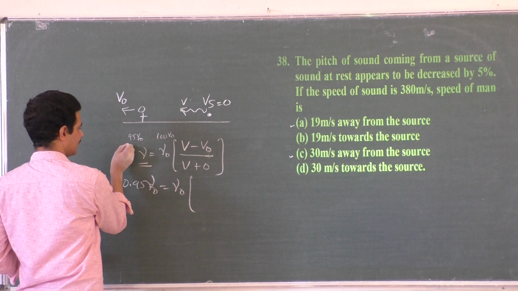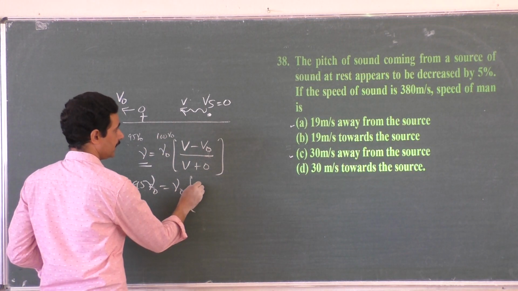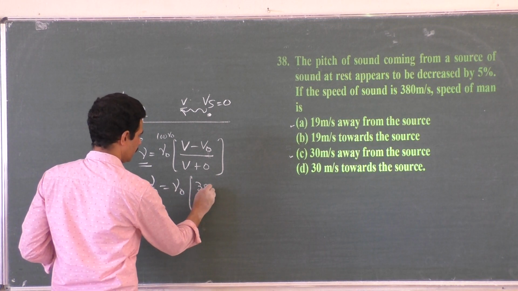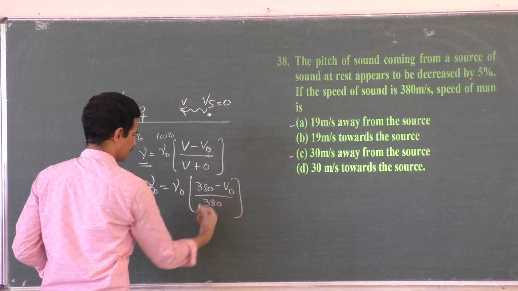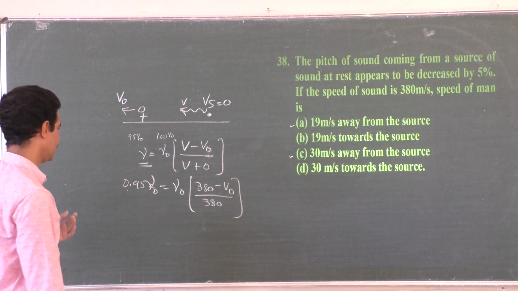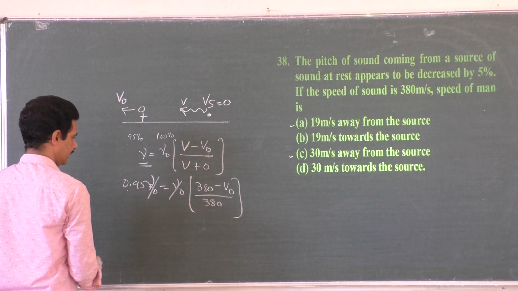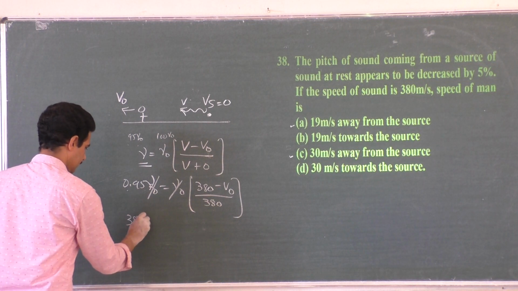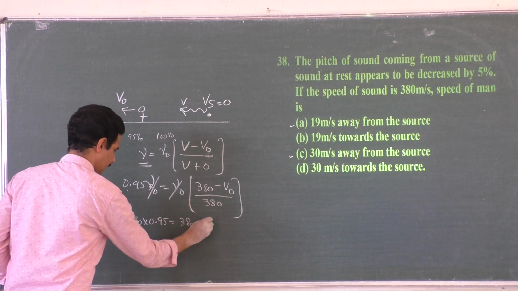Then it becomes 0.95 nu naught is equal to nu naught into (V minus V naught) divided by V, with V as 380. Nu naught gets cancelled. Multiply by 0.95: 380 into 0.95 is equal to 380 minus V naught.